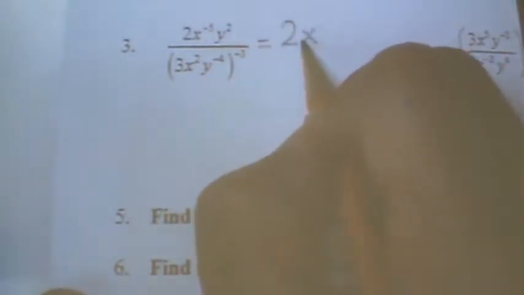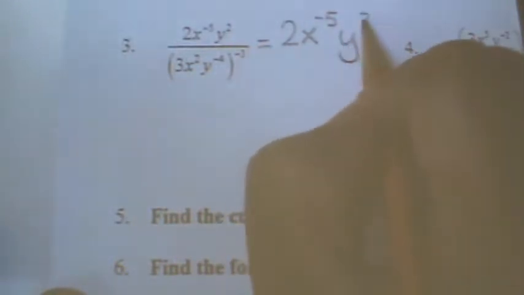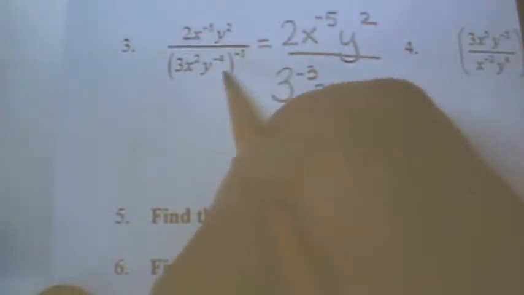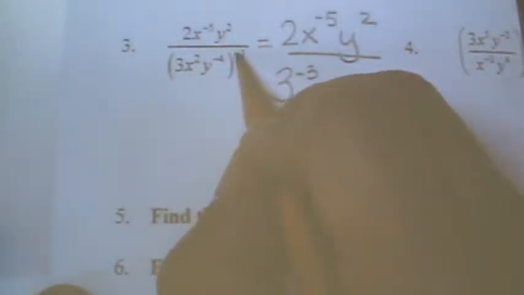Okay, this next one. This is asking you, if you know what to do with just this parenthesis right here, you have to distribute this negative 3 power. So right now you have 2x to the negative 5th y squared, and on the bottom, you have 3 to the negative 3rd, x to the what power? What do you do with these 2? Multiply.